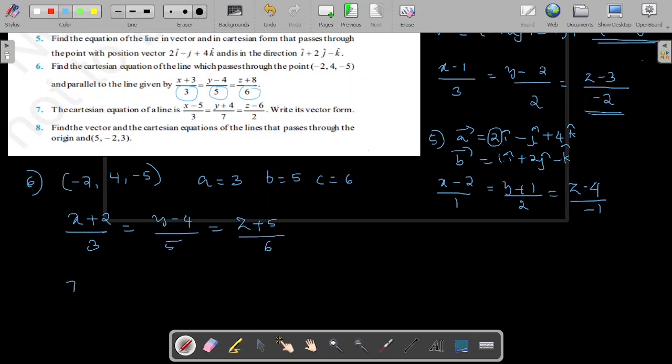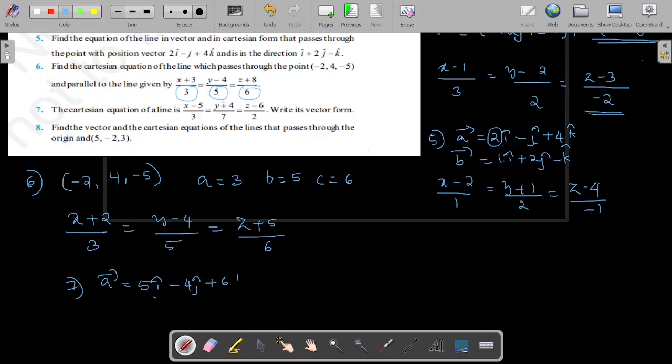If you want to get the vector form of a line which is in Cartesian form, first write what is the a vector, the position vector of a point: x minus x1, so 5i cap. Now this should be y minus y1, so minus of minus 4 you have to write, minus 4j cap.